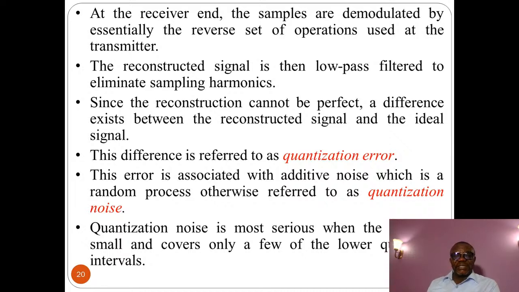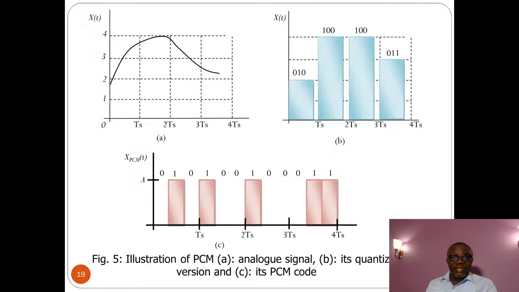This difference is referred to as the quantization error. Very important to note: this error is associated with additive noise, which is a random process, otherwise referred to as the quantization noise.